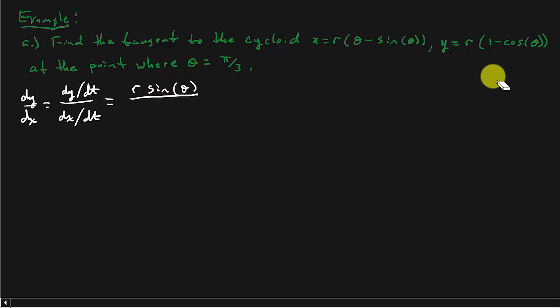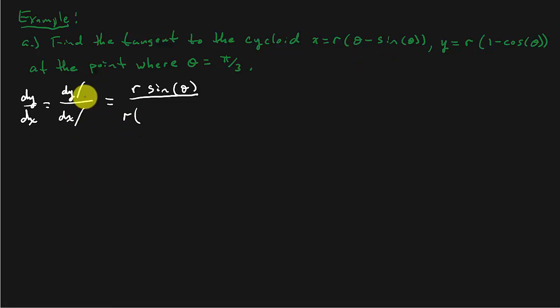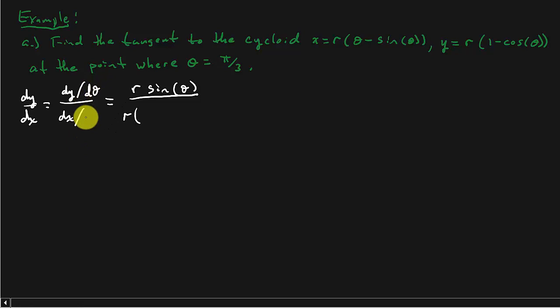And then what's the derivative of this one? Well, that's going to be r times, oh, I'm sorry, look what I did. It's not dt, it's d theta. That may happen some more in the video.